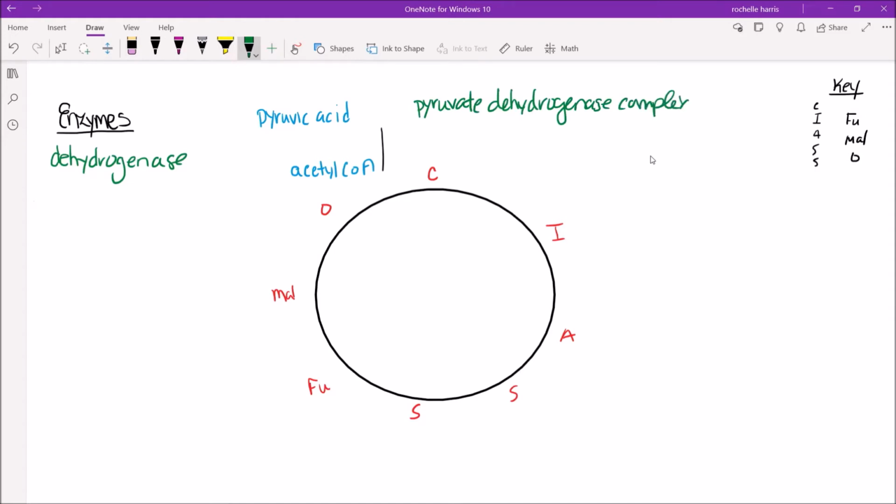Our next one is isocitrate dehydrogenase. Alpha ketoglutarate dehydrogenase.